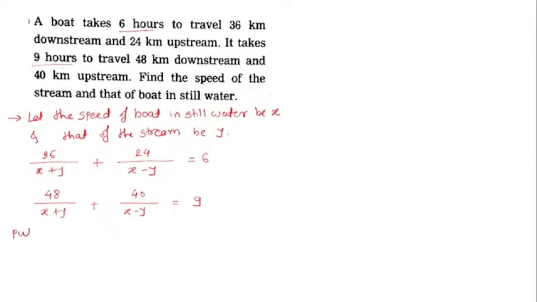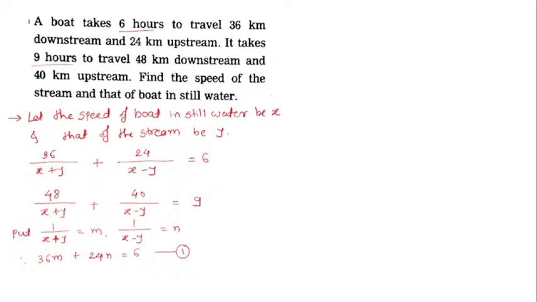If we substitute 1 divided by x plus y by another variable m and 1 divided by x minus y by n, then we have 36 into 1 divided by x plus y, म्हणजेच the equation मिळेल 36 into m plus 24 into 1 divided by x minus y. तर या 1 divided by x minus y साठी substitution आहे n. So 24 into n is equal to 6. This is equation number 1.